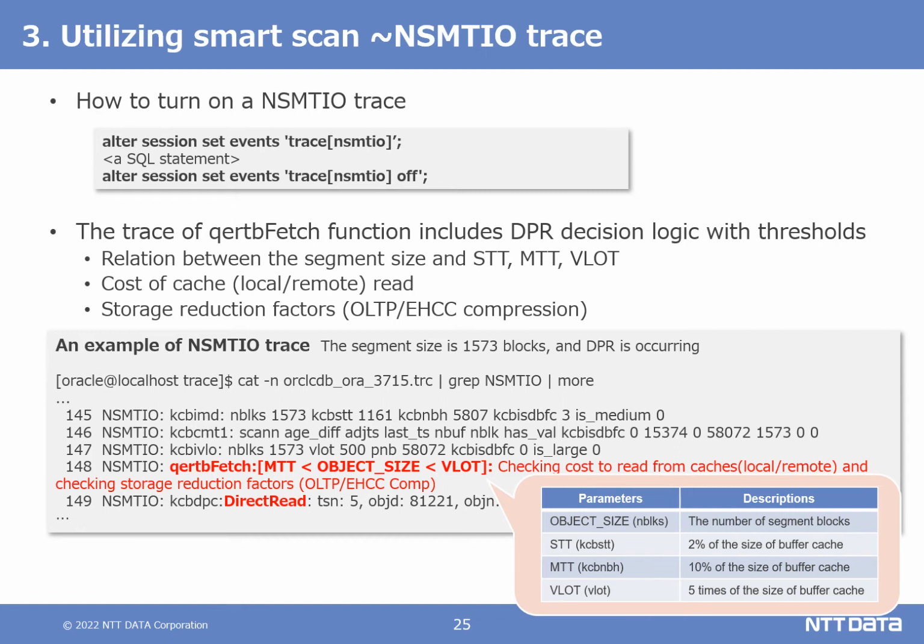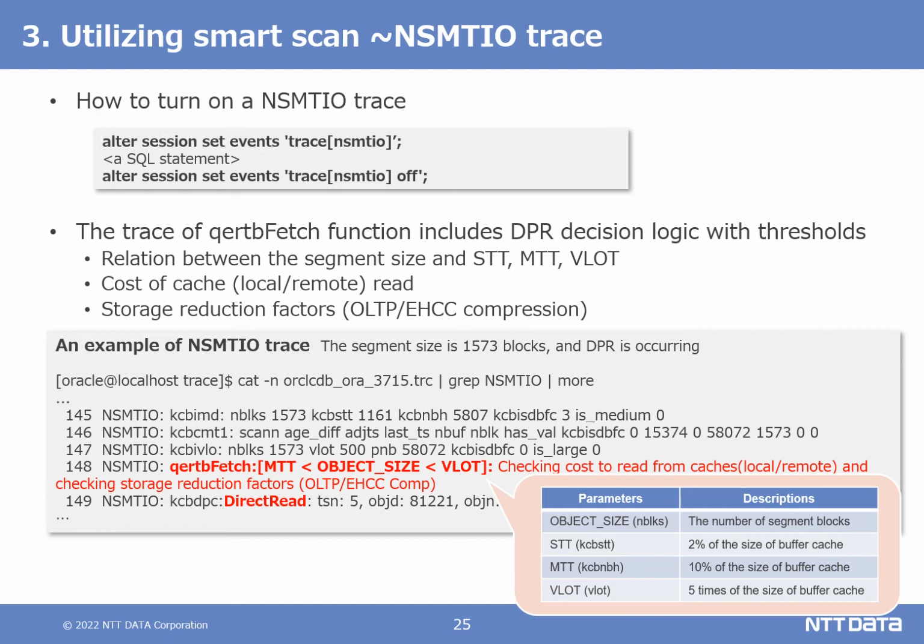It is easy to turn on and off with alter session set events as shown here, and you will find a trace with NSMTIO something as shown here. If you carefully read the lines with NSMTIO and find the words direct read, that means the DPR is happening in the query. If not, it will appear as the words no direct read.